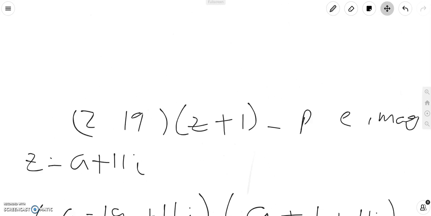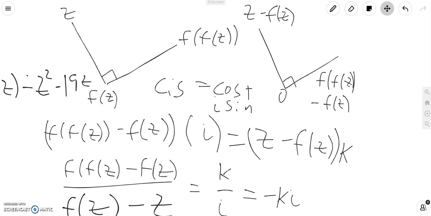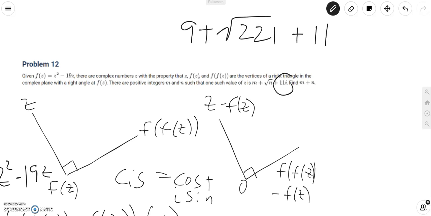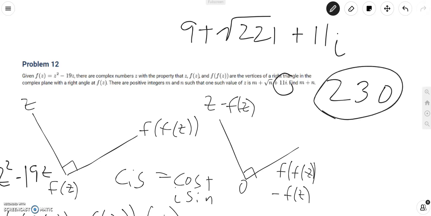Looking back at the problem, it asks for one such value where z is m + √n + 11i. So clearly our value is 9 + √221 + 11i, and m + n is 9 + 221, which is 230. And we are done.